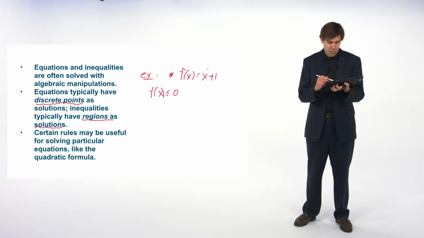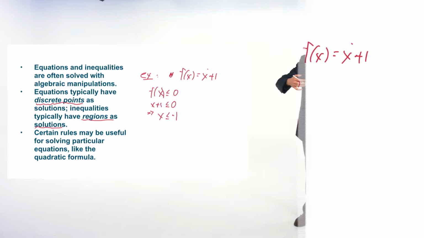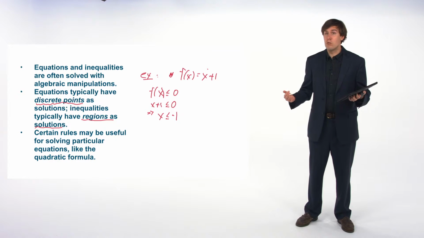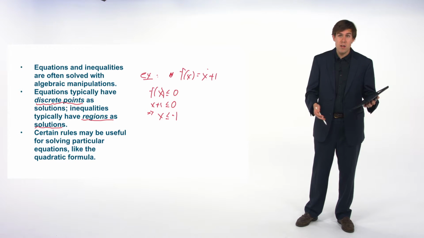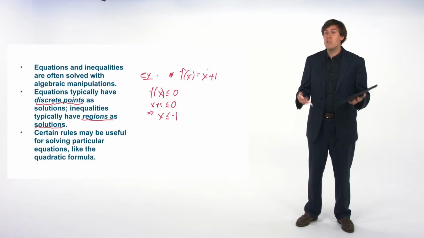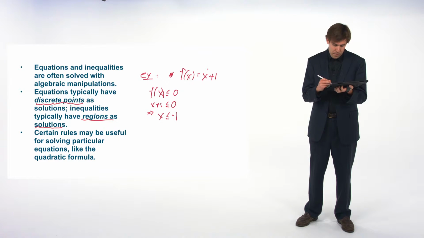Well, how would I solve this? I would say f of x is equal to x plus 1, less than or equal to 0, and then I solve for x. So x should be less than or equal to minus 1. So any number less than or equal to minus 1 will be a solution to this. So for example, -2, -3, -1000, these are all solutions. So there's infinitely many solutions to this inequality.